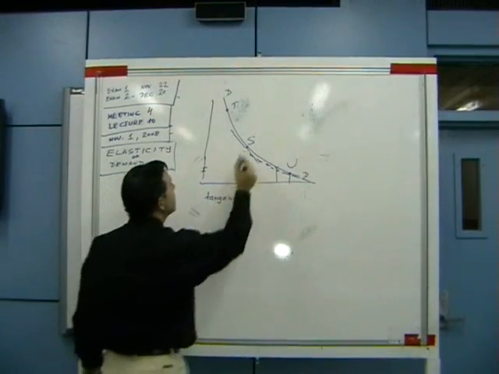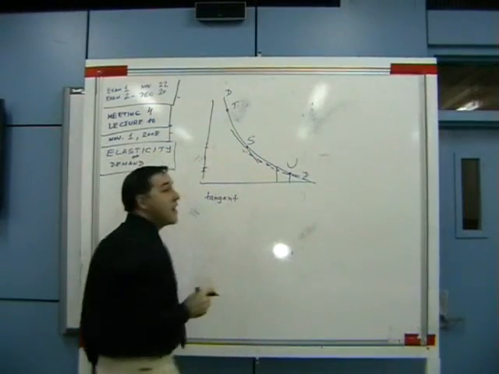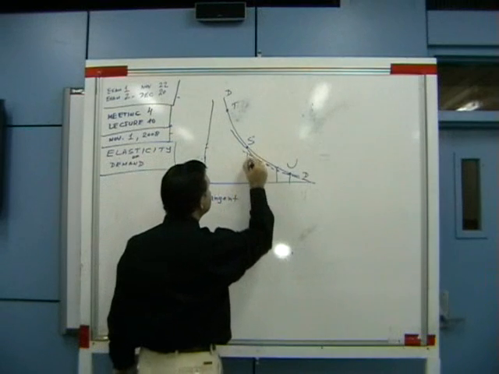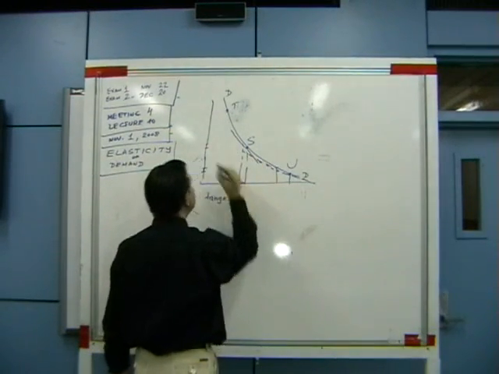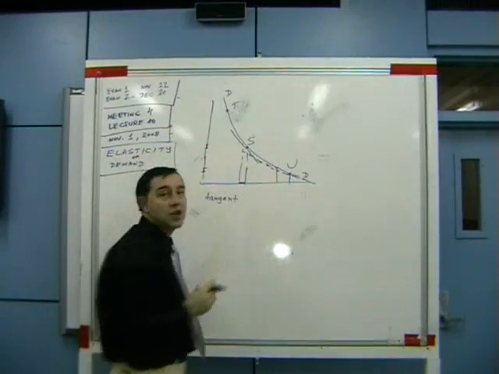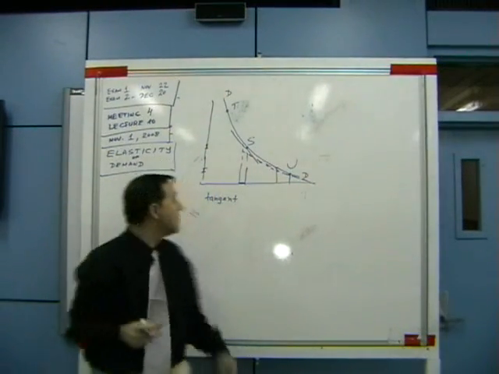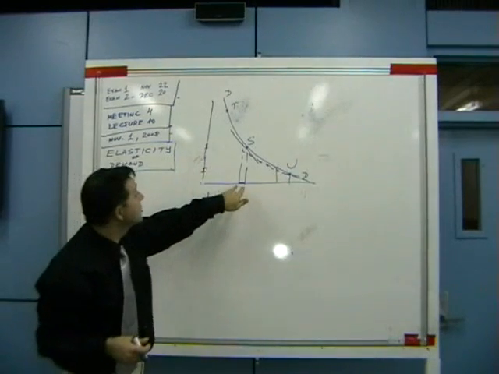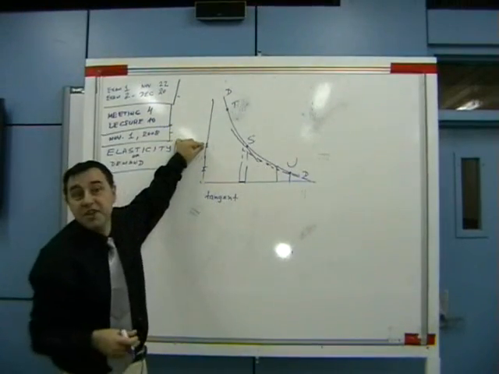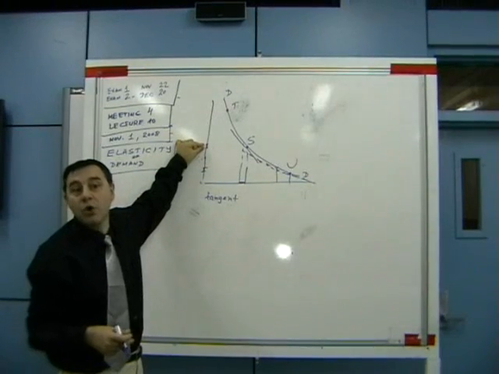Unit elasticity. In other words, you raise a little bit the price, and the quantity will change, and will change more or less the same. All right, so this distance and this distance is the same. So this distance and this distance, percentage-wise, will be more or less the same.